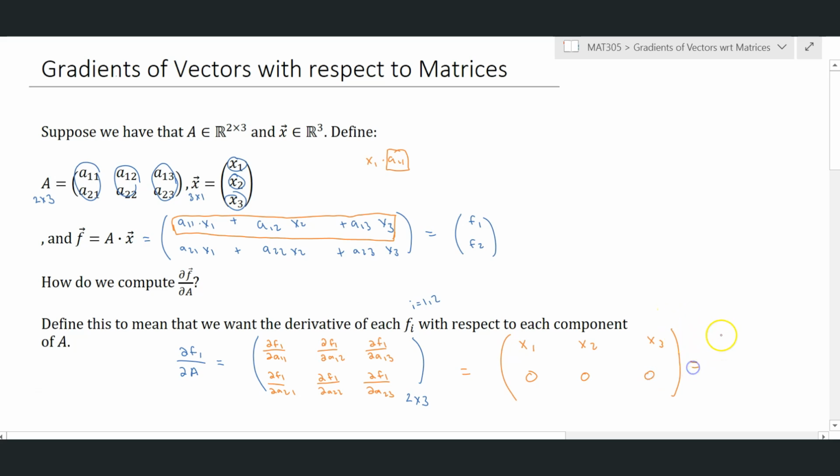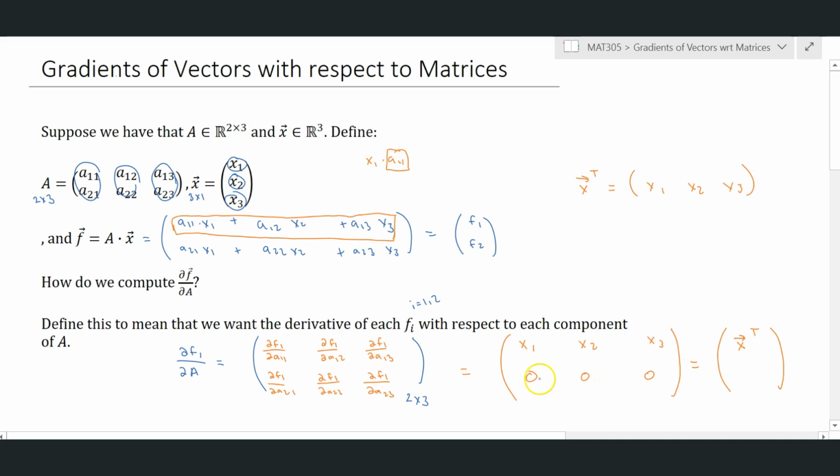So the way we might often write this in more compact form is this is x vector transposed, right? If x is the column vector x1, x2, x3, then remember that the transpose of a matrix or a vector is basically each of the column vectors turned into row vectors. So this would be x1, x2, x3. And that's why we could just say that that row is the transpose of the x vector.